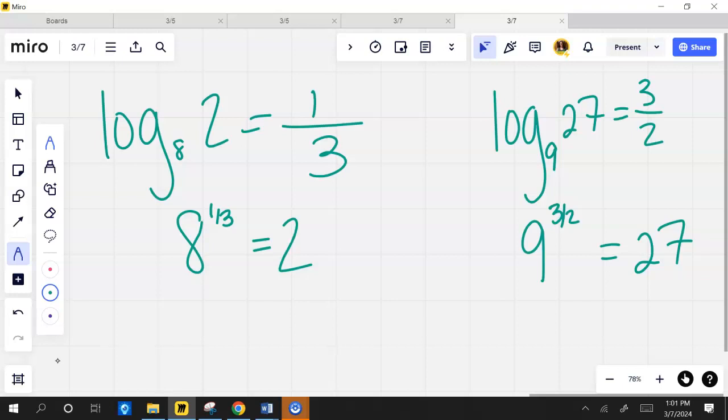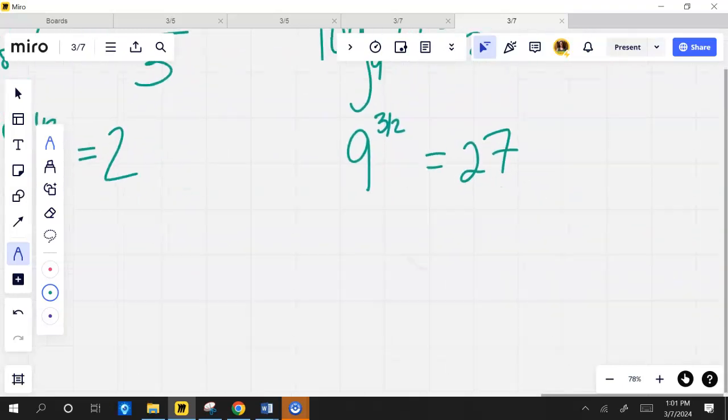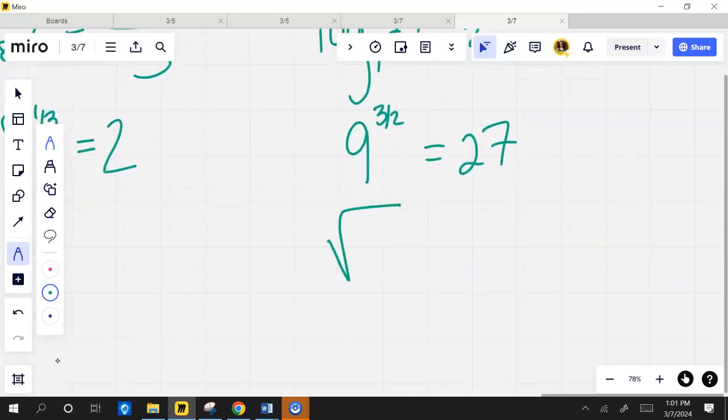Here's why this makes sense. Anytime I have a rational exponent, that equates to a root, right? This is the same thing as the square root of 9 to the 3rd, which is 3 to the 3rd, which, shocker, is 27.